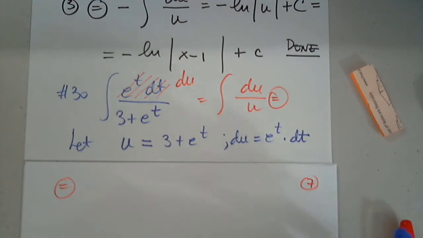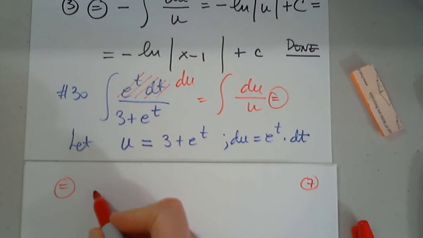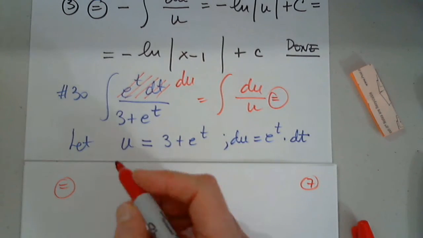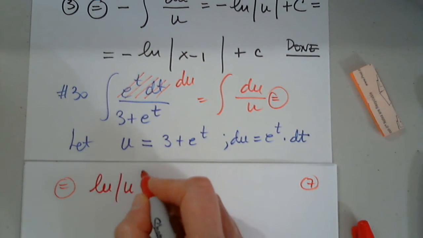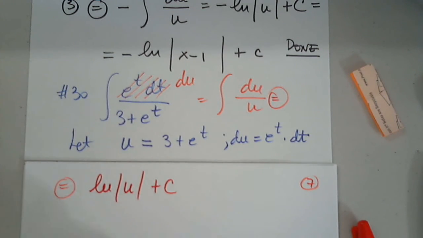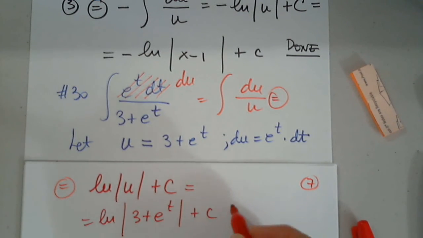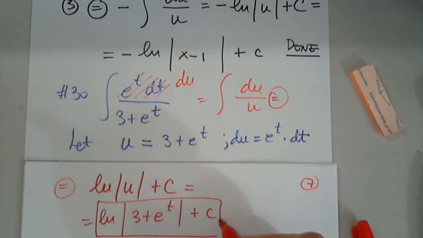Which function prime is 1 over u? You just told me a minute ago. Natural log of the absolute value of u plus a constant c. And that's it. Now I have to go back to the substitution. 3 plus e to t plus a constant c. Done.